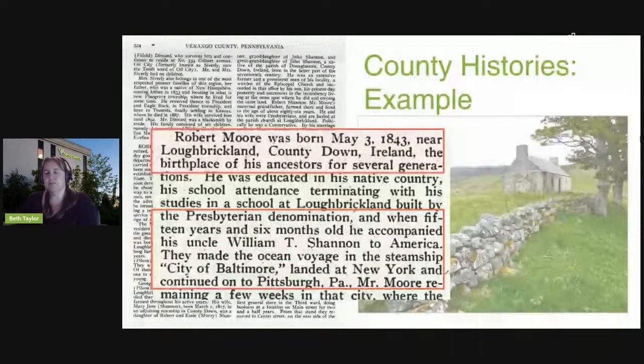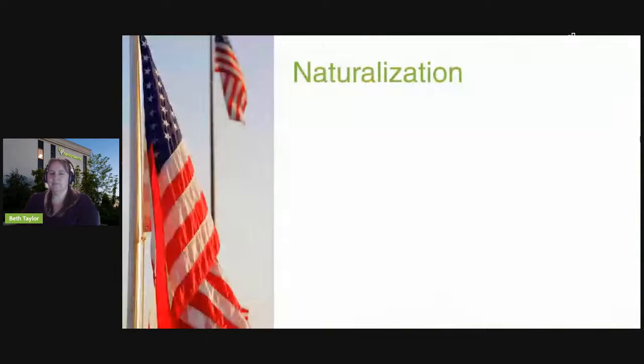It says that when he was 15 years and 6 months old, I love how specific that is, he accompanied his uncle William T. Shannon to America, and they made the ocean voyage in the steamship City of Baltimore, which did not land at Baltimore, but landed in New York. So great detail in this county history. And I didn't include this, but this particular biography in this county history actually lists out his ancestors for 4 generations. So lots of good detail.